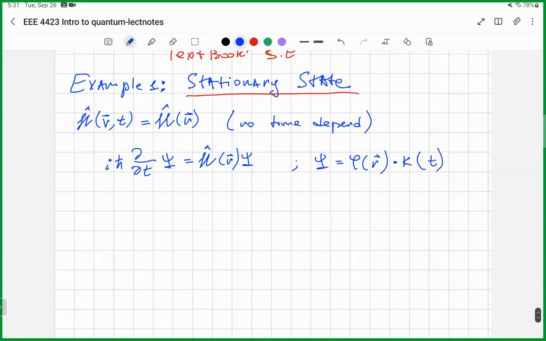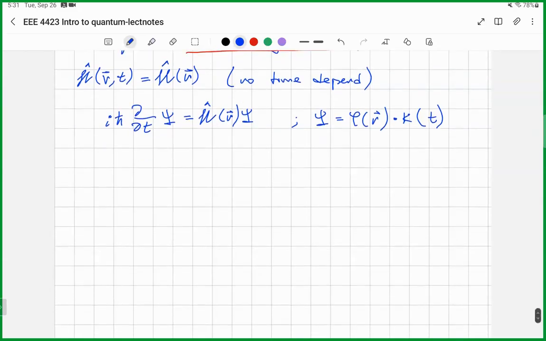Even though the Hamiltonian doesn't depend on time, the psi state of course depends on time. So we look for the solution as a product of two contributions: from r, spatial distribution, and t, time distribution.